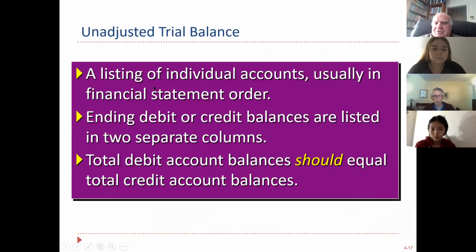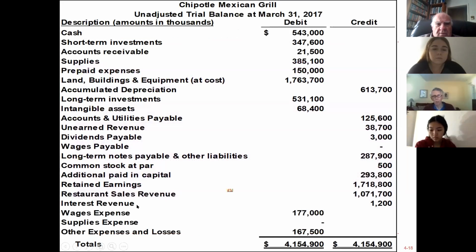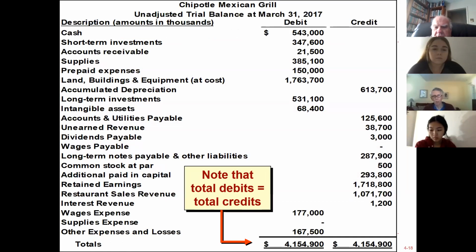So the trial balance is just what we talked about earlier. It's a listing of your accounts, always, not usually, always in asset, liability, equity, revenue, expense order. And the debit and credit columns are separate, and they must balance. They must equal.